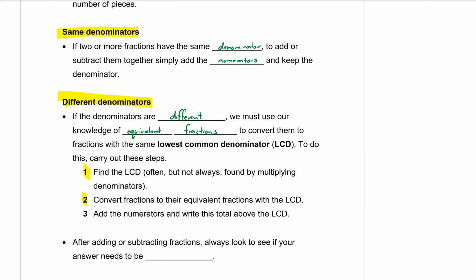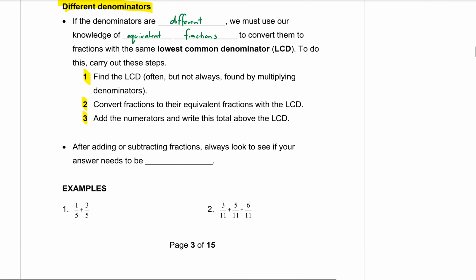And once that has happened, you'll then be able to add the numerators together and leave the denominator the same. Okay? After adding or subtracting fractions, always look to see if your answer can be simplified, because we always want our answers to be as simplified as possible. Okay, so there's a brief rundown of it all.